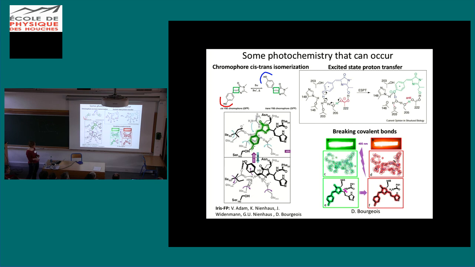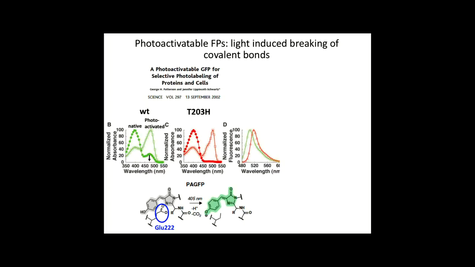That leads to extension of the conjugation. So extending the conjugation shifts the wavelength to the red, and that is an example of breaking covalent bonds in the excited state. Okay, so these are some of the many photochemistries that can occur.